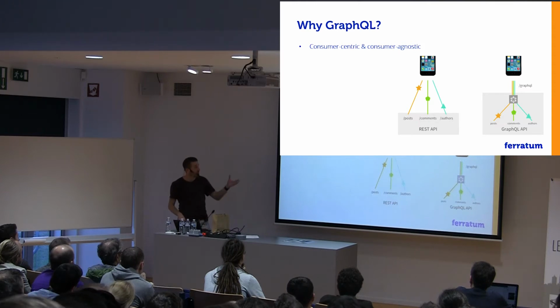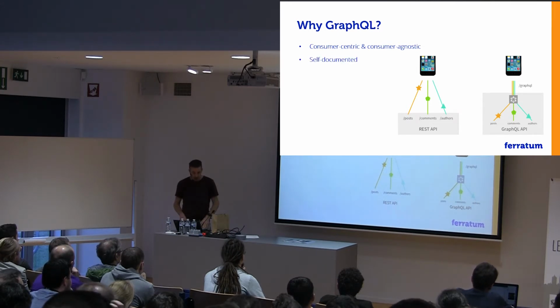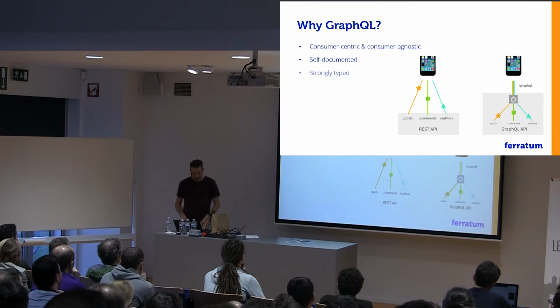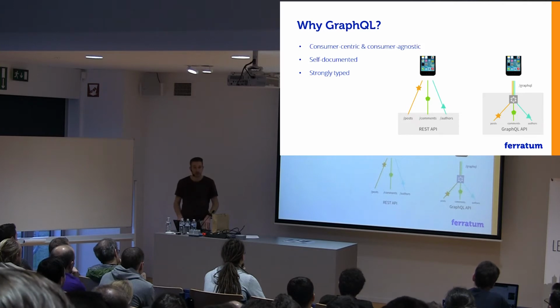If you have, for example, multiple consumers, like a mobile application and a website, or multiple websites, they can request just the information they need. A cool thing about GraphQL is that the schema is self-documented, so it saves you time writing the documentation. It's strongly typed, so it plays well with strongly typed languages like Java on the backend side, or TypeScript, for example, which we use on the Angular side, obviously.